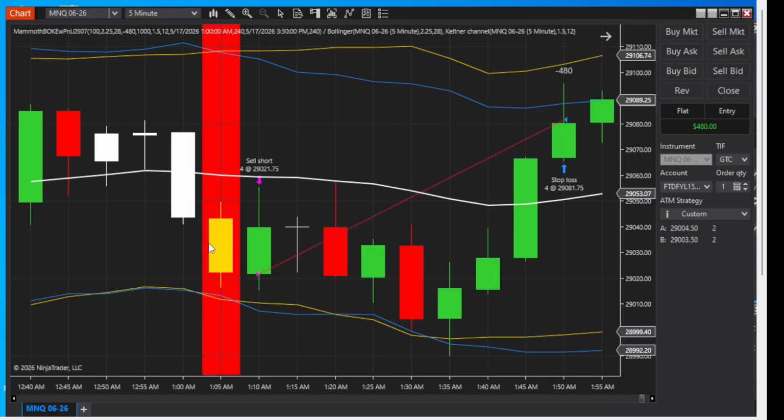Once that condition happens, let's say the conditions are like this: the lower band of the Bollinger is below the current lower band of the Keltner channel, and the previous band was greater than the lower channel of the Keltner.